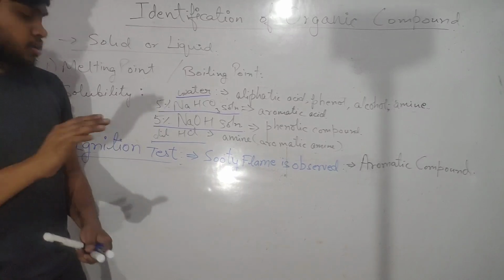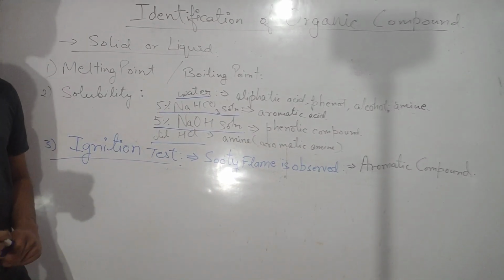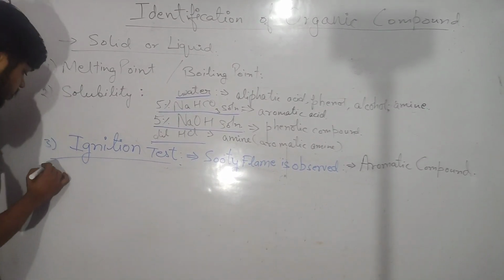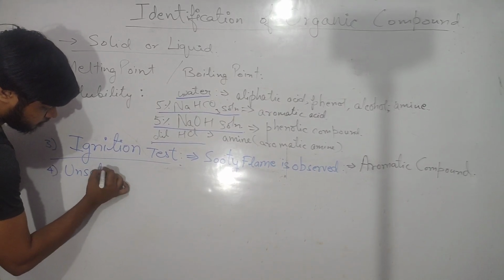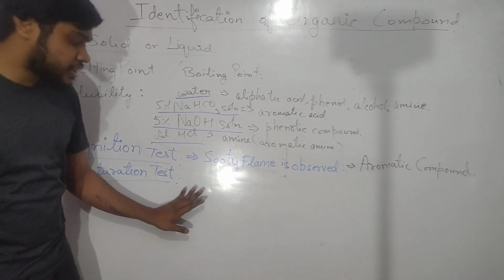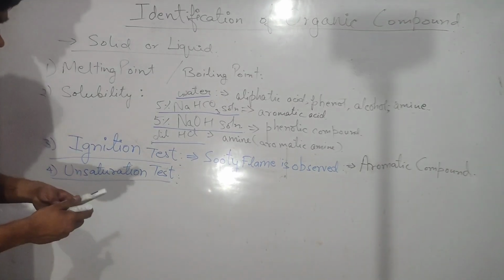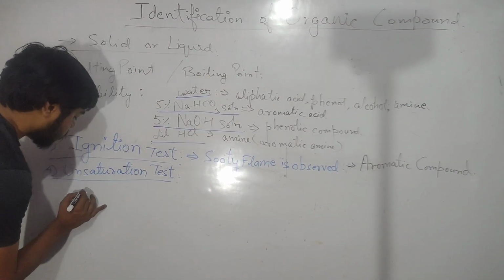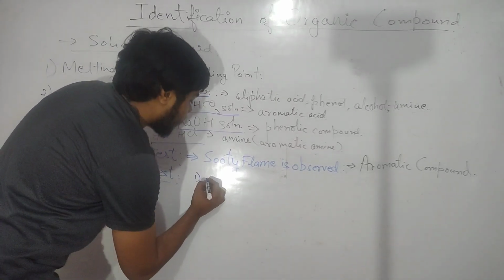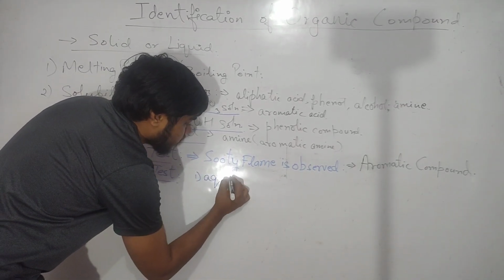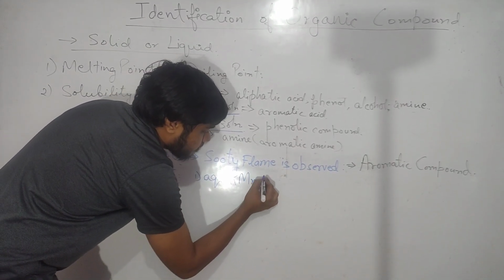Then we come to the fourth test, which is the unsaturation test. In unsaturation test, we take a small quantity of compound and add aqueous KMnO4 to it.